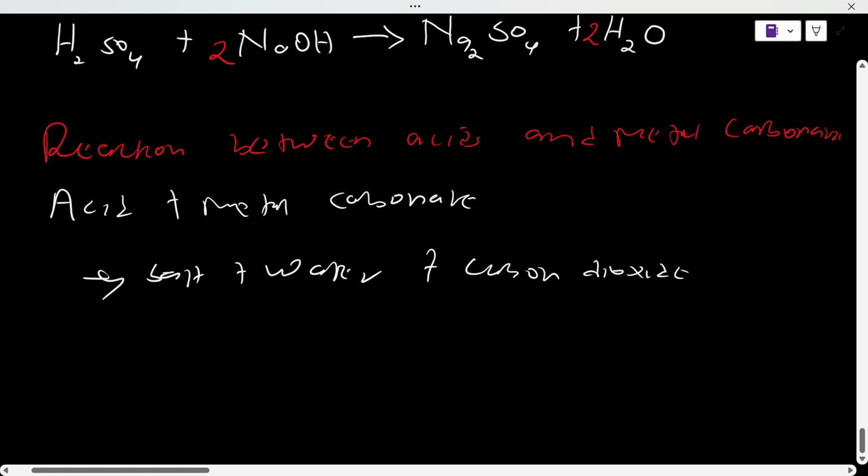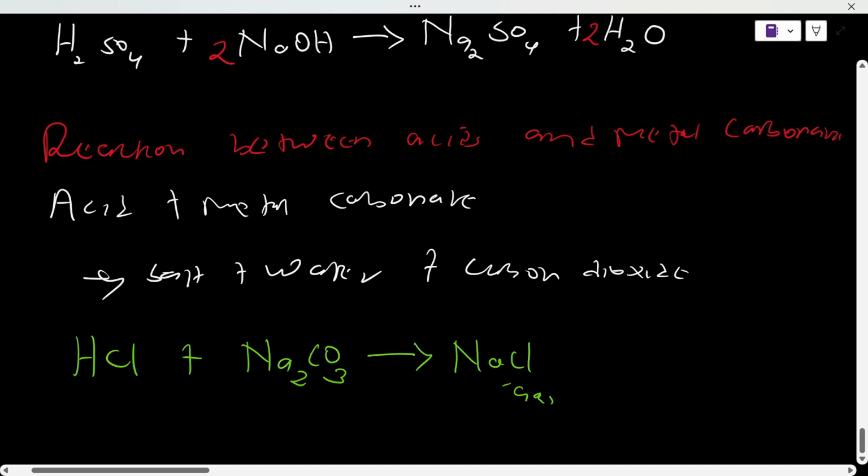Now, if I react HCl plus sodium carbonate, the product should be sodium chloride, which is a salt, plus water plus CO2.